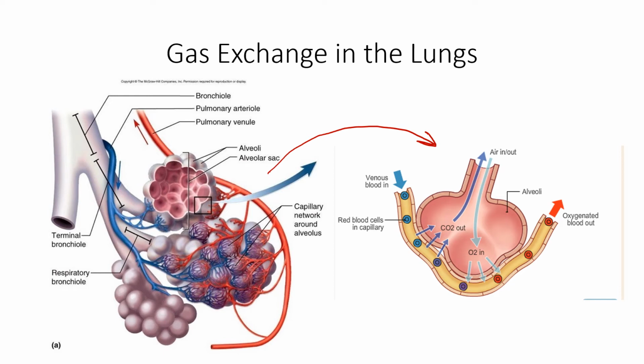We have venous blood, so blood from veins, which is typically going to be low oxygen, coming in. It is dropping off our CO2, we are picking up oxygen, and we are leaving with highly oxygenated blood. It's as simple as that.